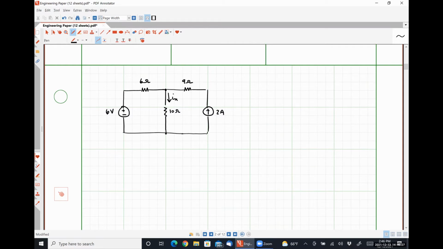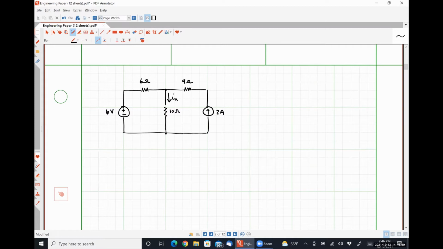We are going to analyze this circuit in two different ways. Our first method of analysis will be to have both of our sources on at the same time, and we're just going to use whatever we can to solve for this quantity, Ix. Our second method of analysis will be to use the additivity or superposition principle and analyze the circuit with only one source on at a time, add the results together, and see if they match our prior analysis.